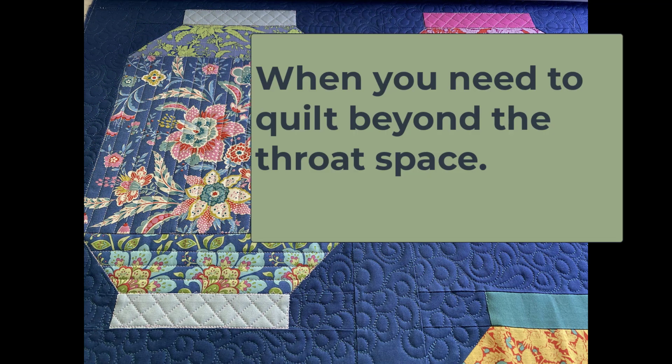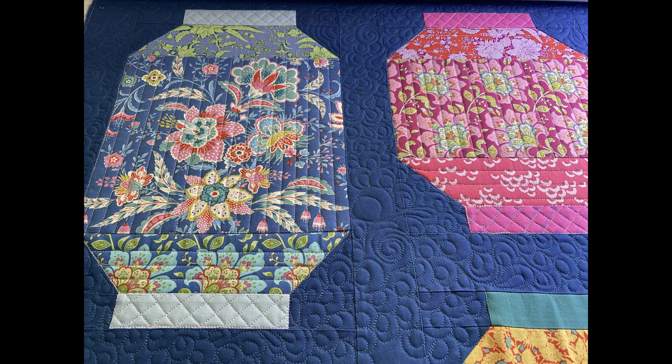Another reason I like to move the quilt around a lot is when I have variations of sizes of things on the quilt. So you'll see these lanterns are not the same length. There were, I think, 3 different sizes of lanterns.